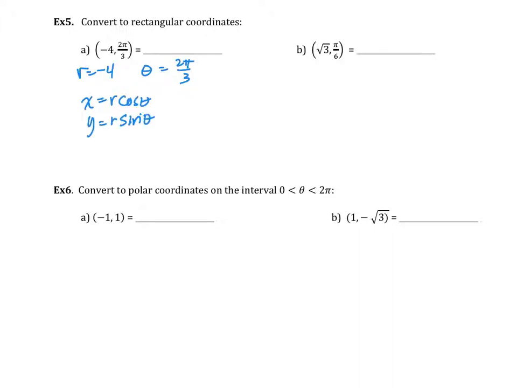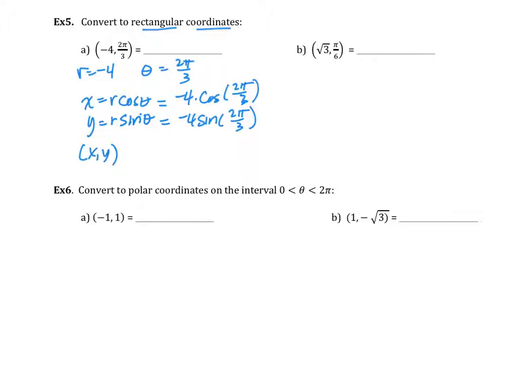And we want to find the rectangular coordinate, which means we're trying to find x comma y. So all we're going to do is plug in. It's -4 times cosine of 2 pi over 3, and then this is -4 times sine of 2 pi over 3.